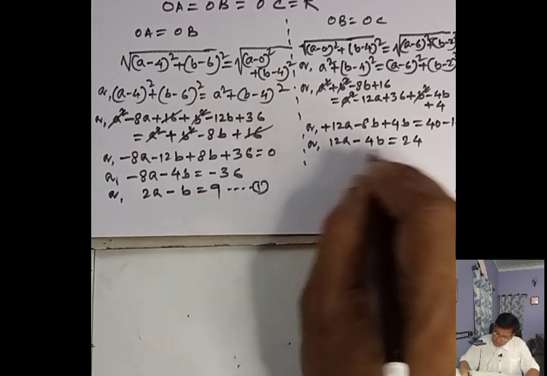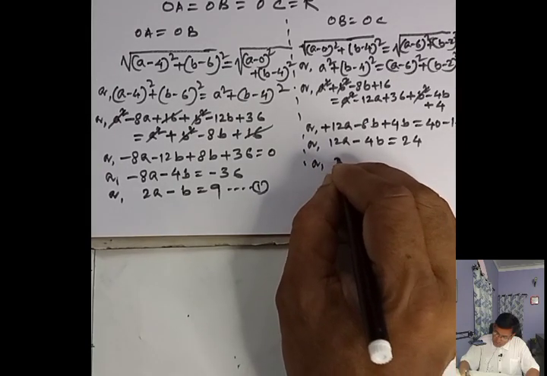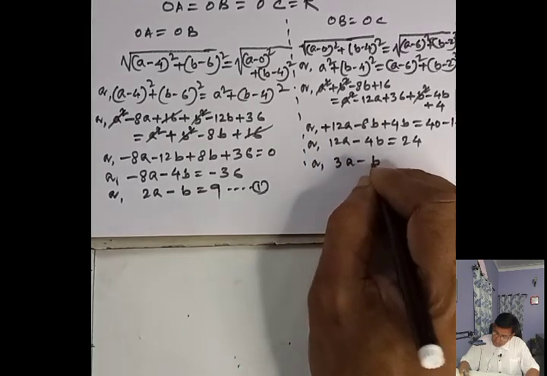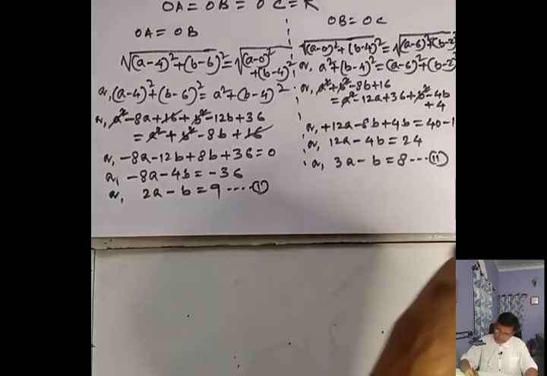If we divide both sides by 4, it will give 3a minus b is equal to 8. This is equation number 2.